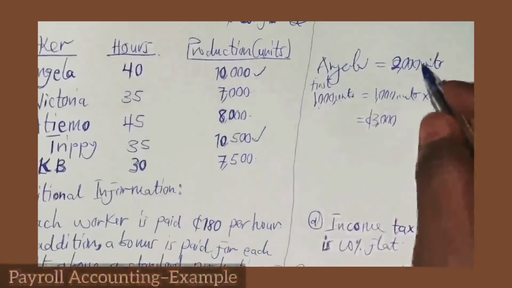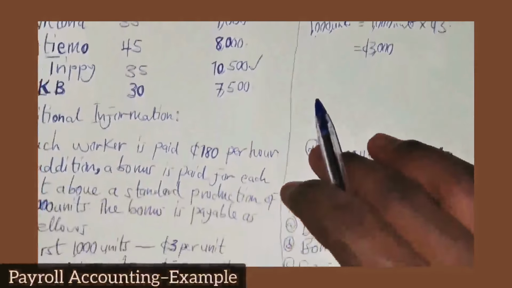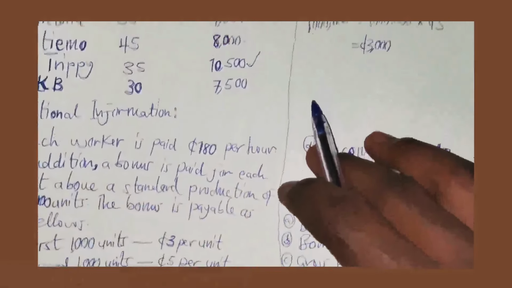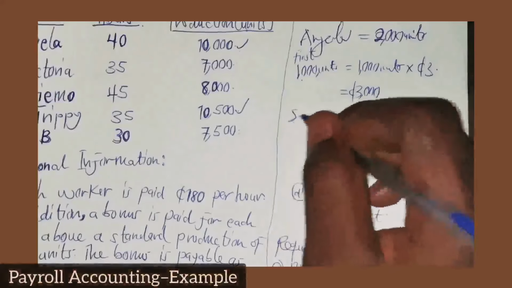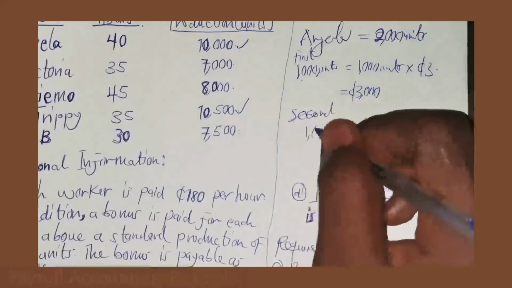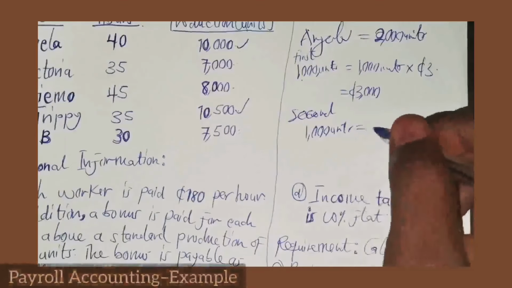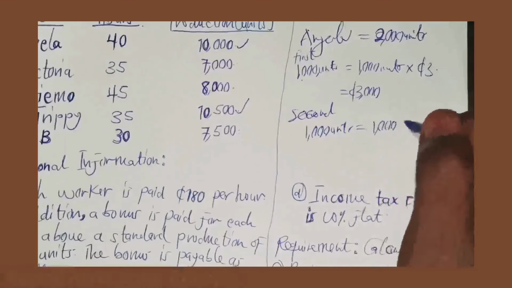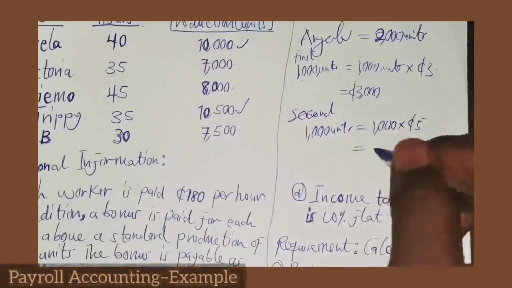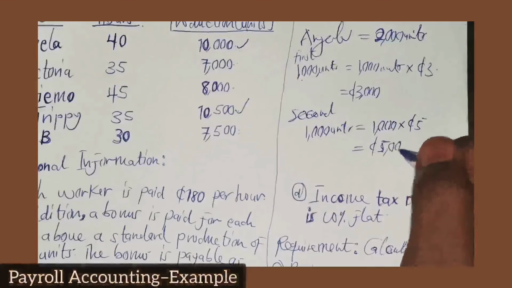When you take the 1,000 from the 2,000, you are left with another 1,000. Remember, in the second condition, they said that the second 1,000 units is paid 5 cedi per unit. So my second 1,000 units is going to be paid 1,000 units multiplied by 5 cedis, and then they're going to have 5,000 cedis.